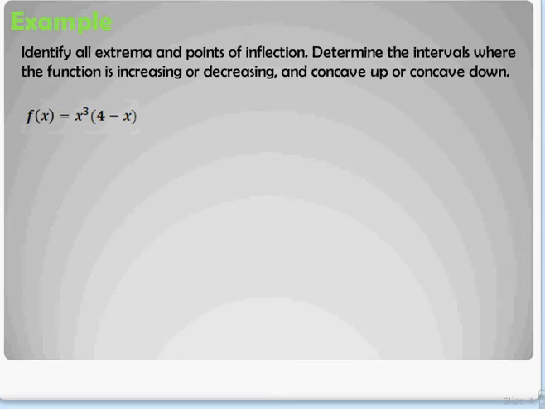So our first derivative I'd need to find using the product rule. So that would be first d last plus last d first. And I'm going to clean that up by factoring. I see my two big groups here, and so I see that they have an x squared in common.